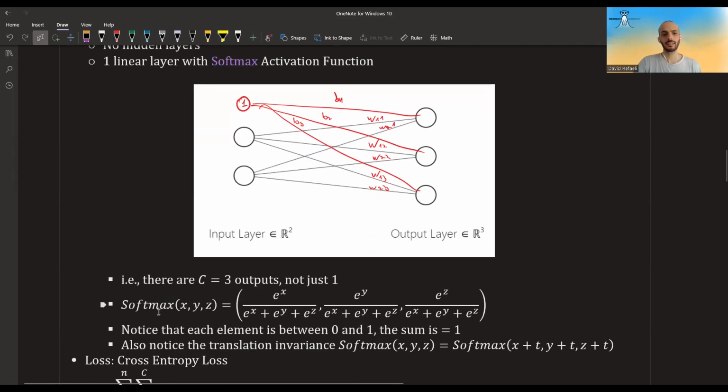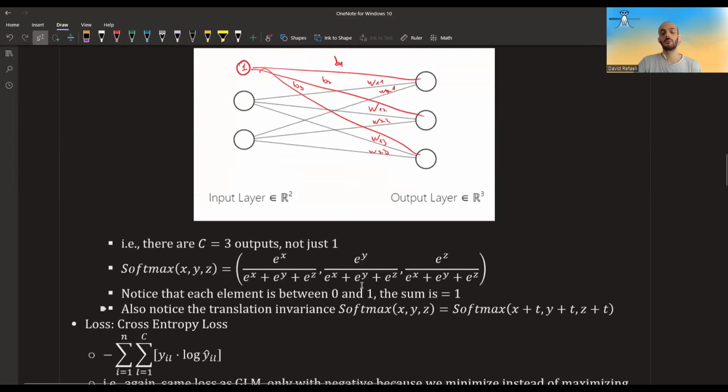Now, what is the softmax? Suppose that you have x, y, z, and you take the softmax of these three variables, it outputs these functions for each component. So notice that each one of the components has to be between 0 and 1, and their sum is equal to 1.